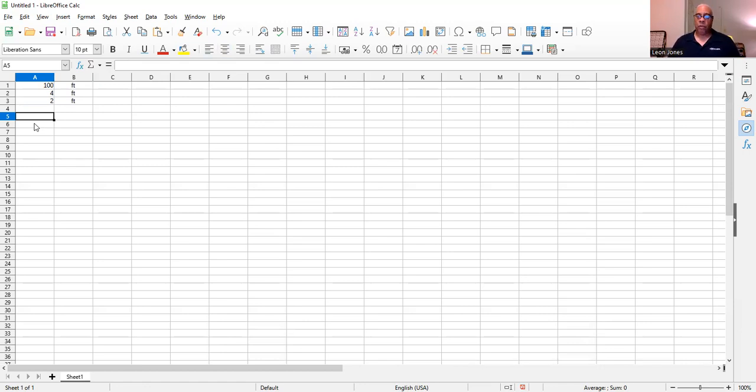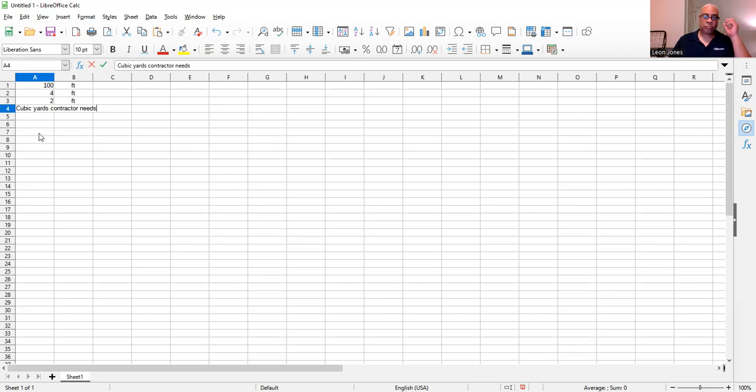Now we have all the measurements, so what I want to know is cubic yards. How many cubic yards is the contractor going to need?